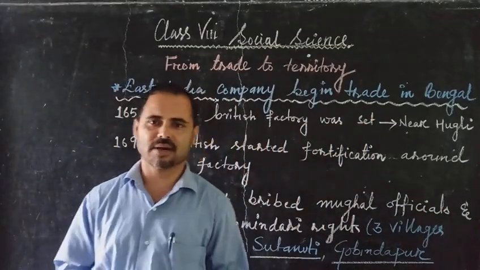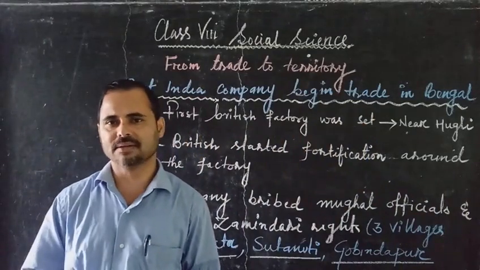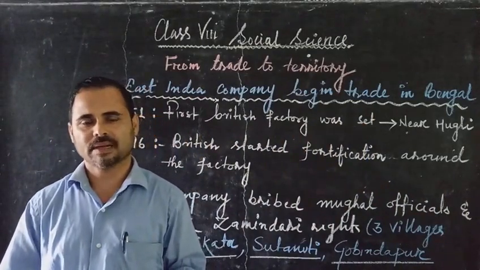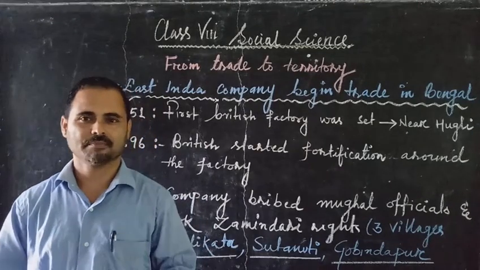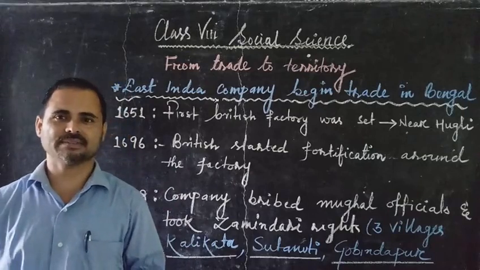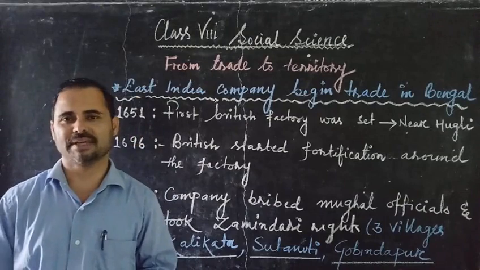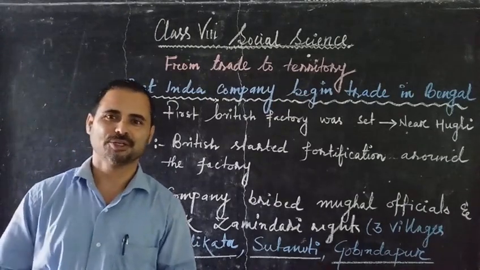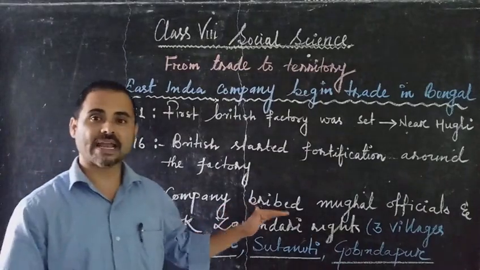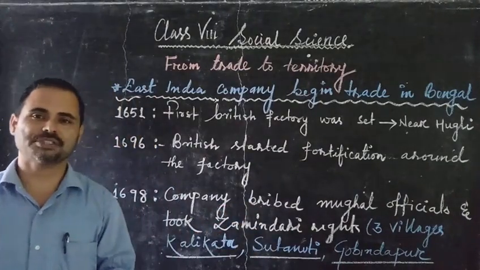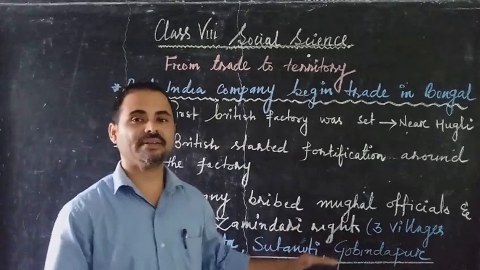Now, according to the farman, let us come to the backstory. The company was given a duty-free trade concession, but taking advantage of the farman issued by Aurangzeb, the company started to take lots of benefit. Not only that, do you know what happened in 1698? The company bribed some of the Mughal officials of Bengal and was able to gain the Zamindari rights.